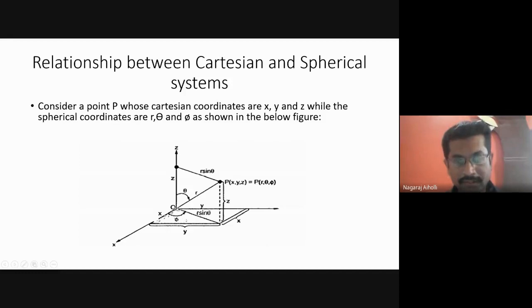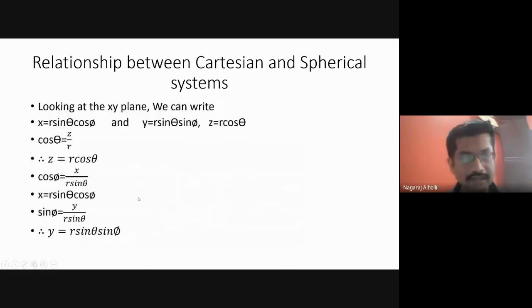Therefore, cos phi will be x divided by r sine theta, or x is equal to r sine theta cos phi. We got x. x is r sine theta cos phi.